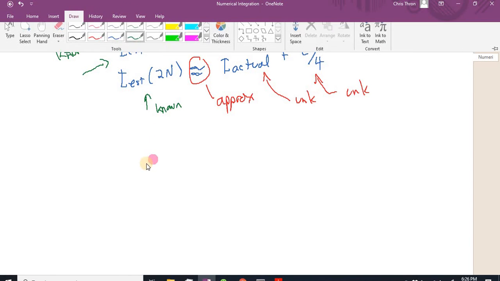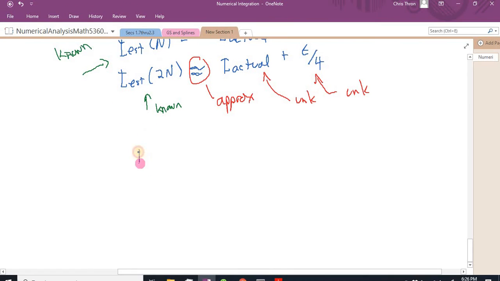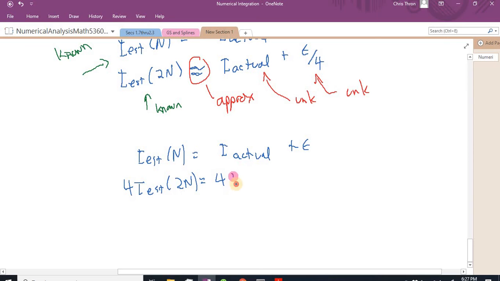So let's do that. If I take I est of n, this is the same thing, I actual plus epsilon. And then I'll take 4 times I est of 2n, and that's equal to 4 times I actual plus epsilon. And then let's do minus this, and we'll do plus this, just to make it nice.